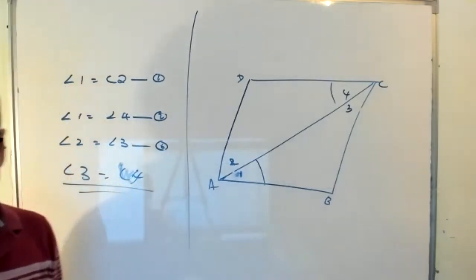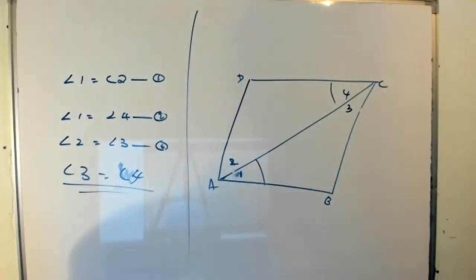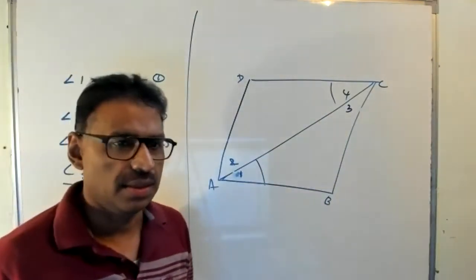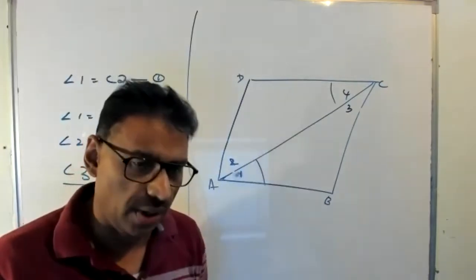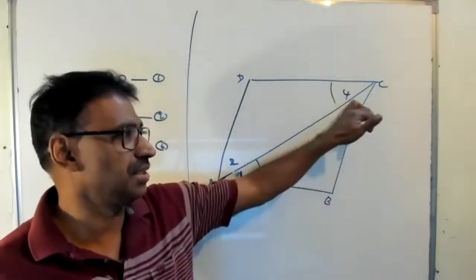Sir, I have a doubt. Tell me. In this type of question, can we use congruency? Opposite angles of a parallelogram are equal, then we can do it as congruence. Yes, okay, but opposite angles are equal, but what is the guarantee that this will bisect?